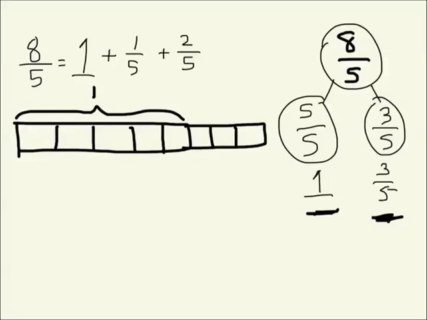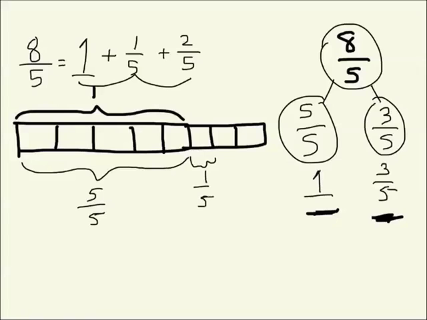So now I'm going to label the bottom. So my addends here are 1 plus 1/5 plus 2/5. So first I'm going to mark off 5/5, my whole, then plus 1/5, and then 2/5.